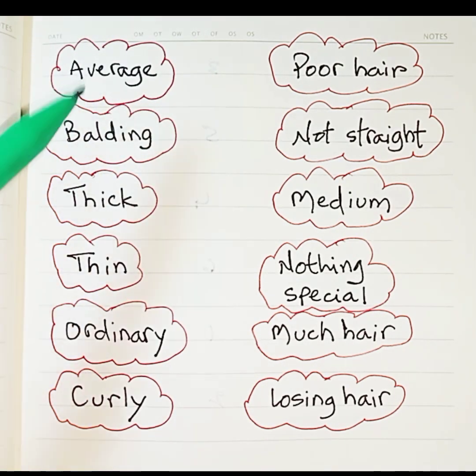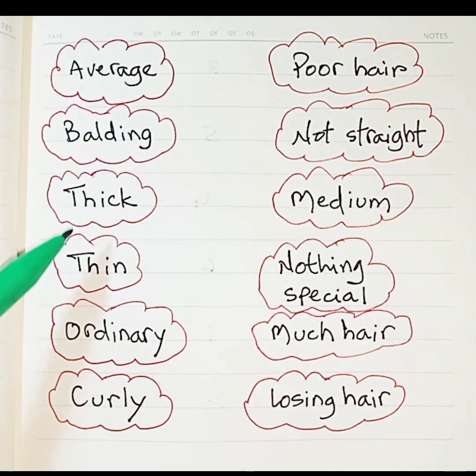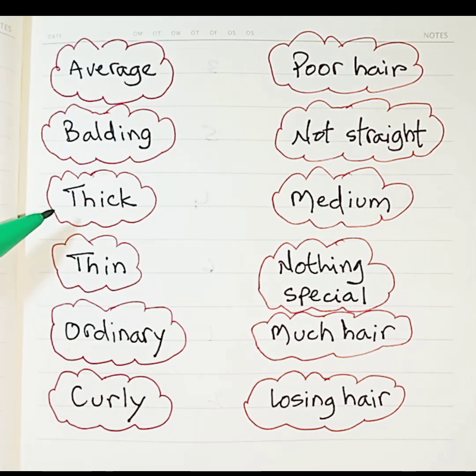Next list, we have average, balding, thick, thin, ordinary, and curly.